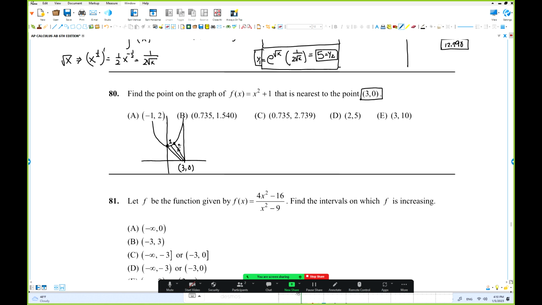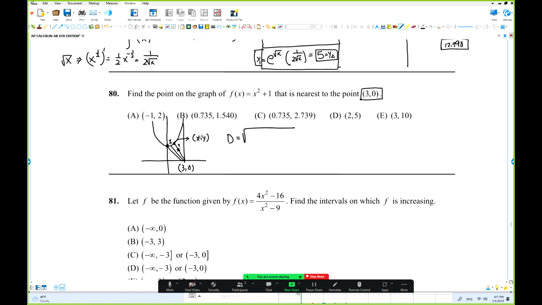All right. Now let's find this one. If this point is x and y, what is the distance over here? Can you find the distance? Maybe you can use the distance formula.